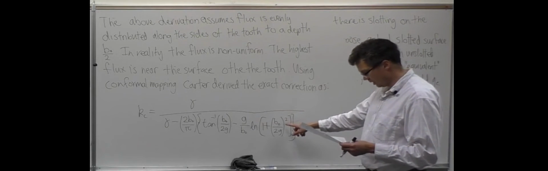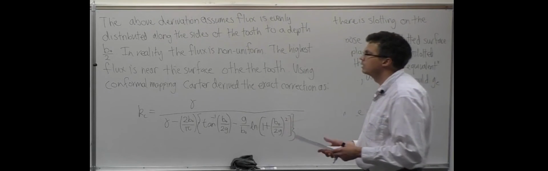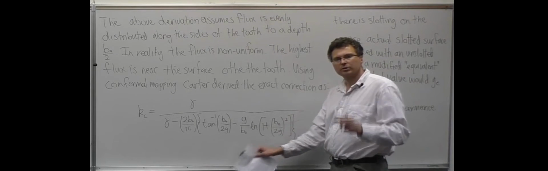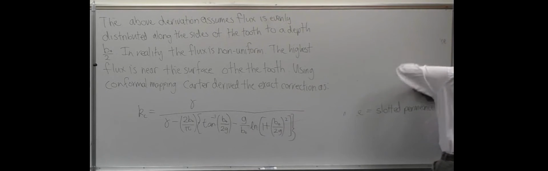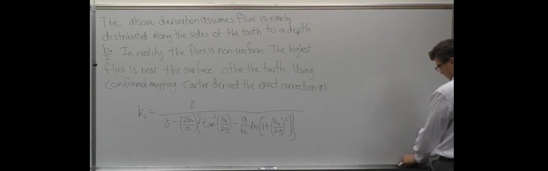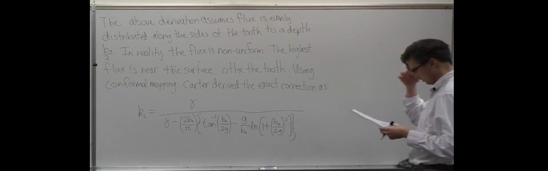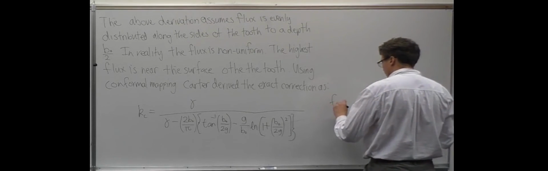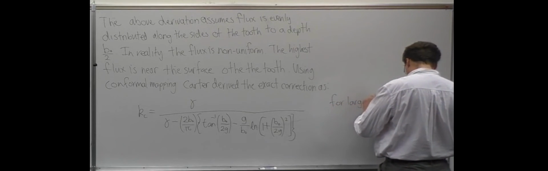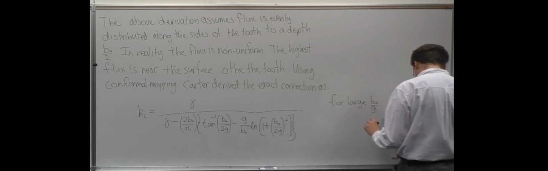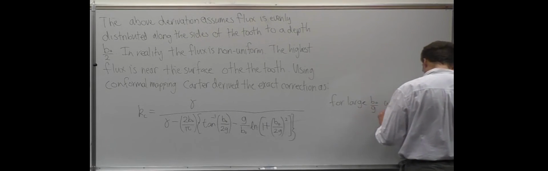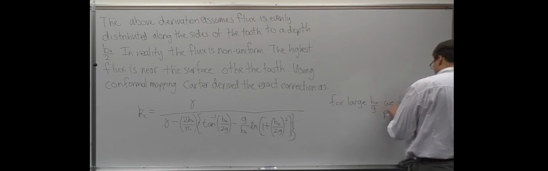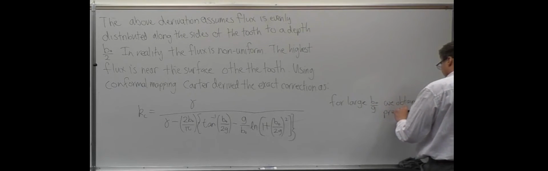For large b naught over g, remember b naught is the slot opening width, the result reduces to the previous equation.